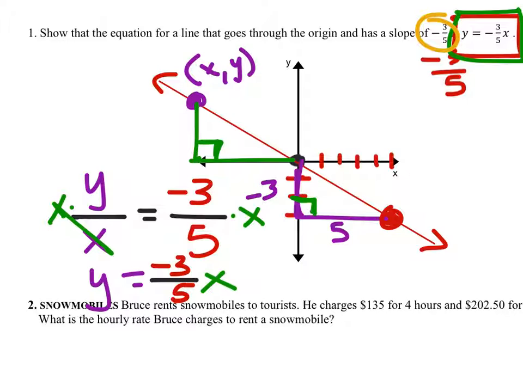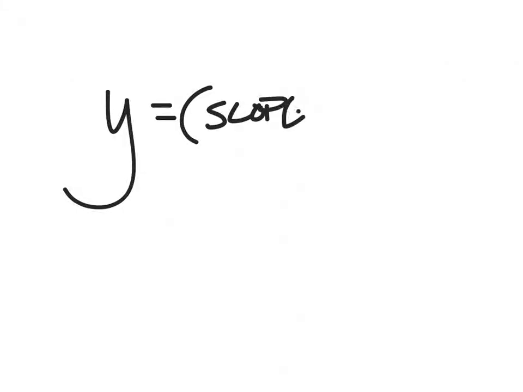Because ultimately, the equation really is just y equals whatever the slope is, right here, multiplied by x. That's it. That's all that is. Now, again, the slope can be the rate of change. And then we would have the equation for that case.